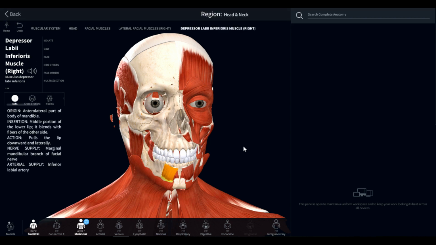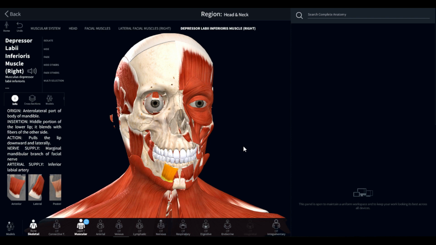Now we have the muscle known as the depressor labii inferioris. This is the muscle that pulls down the inferior labial muscle. So obviously you have the orbicularis oris muscle, and this muscle pulls down the skin of the lower lip.